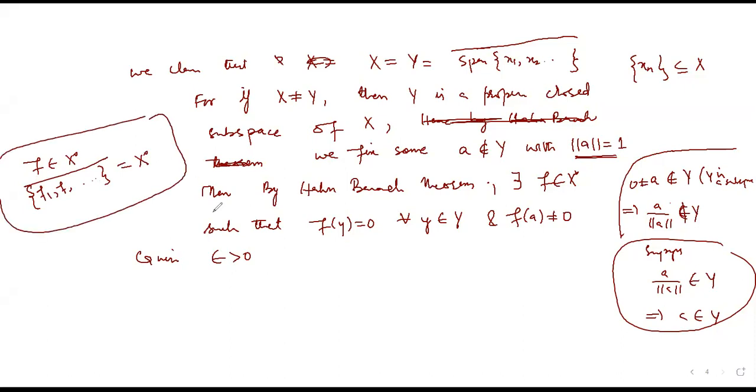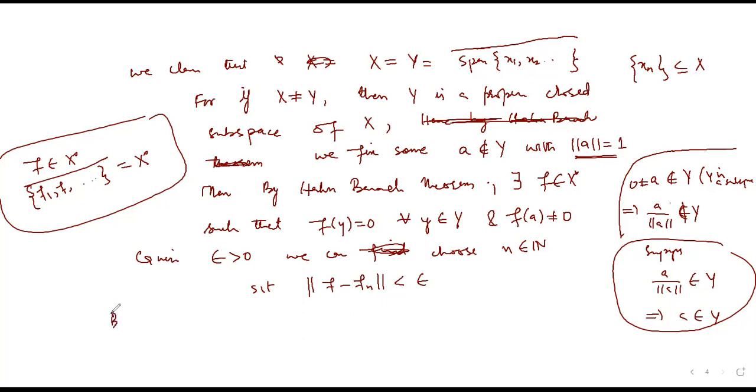So given any epsilon positive we can choose n belonging to the natural numbers such that norm of f minus fn is less than epsilon.